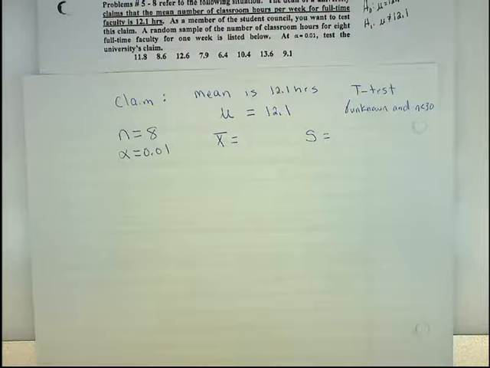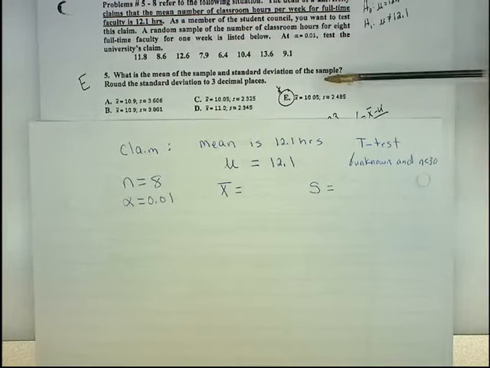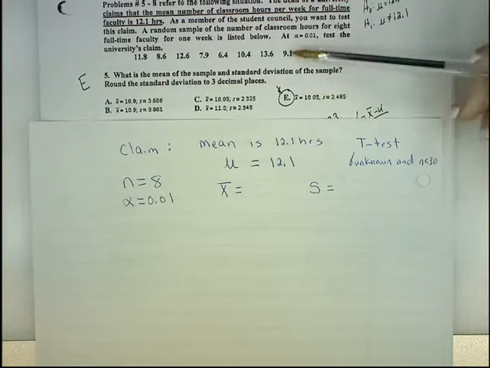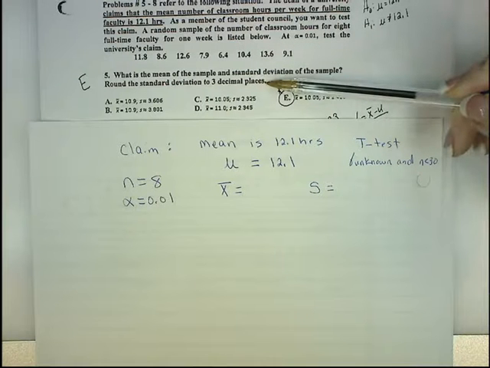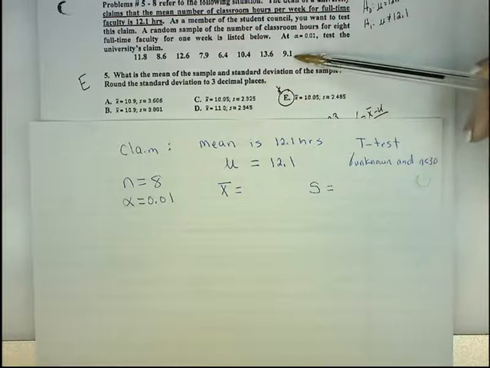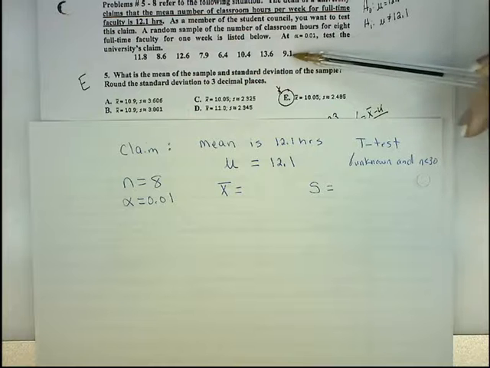You should plug this data into the calculator, but I'm not going to do that. I think we've done that a lot with these Tegrity videos and in class. But I will tell you that when you take this raw data, and I do say to round to 3 decimal places, technically, since this is raw data, and the raw data values are given to the nearest tenth, we should round to 1 additional decimal place.